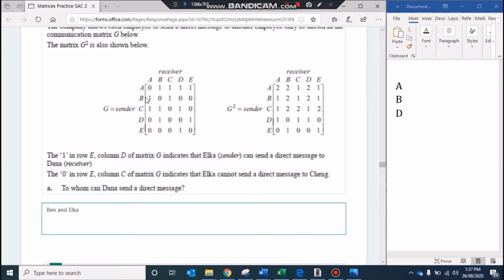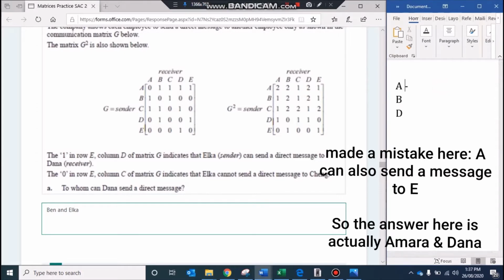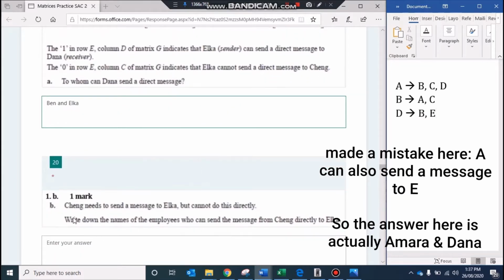So let's see who A can send a message to. A can send a message to B, C, or D. B can send a message to A or C. And D can send a message to B or E. So what we're trying to find is Cheng wanted to send a message to Alka.